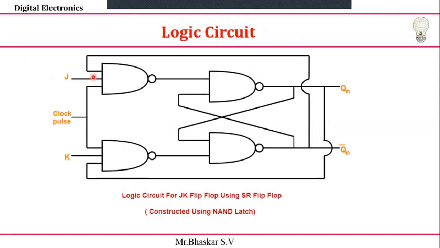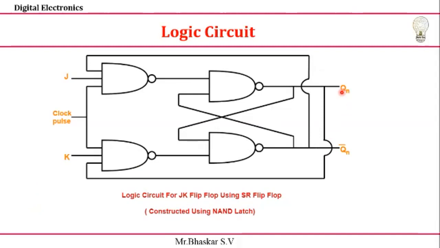The extra part is that the input for this one is taken from Q bar, and the input for this one, K, is taken from Q. If you want a clear explanation of these two circuits, you can watch the last videos, and I also explained them in some other videos.